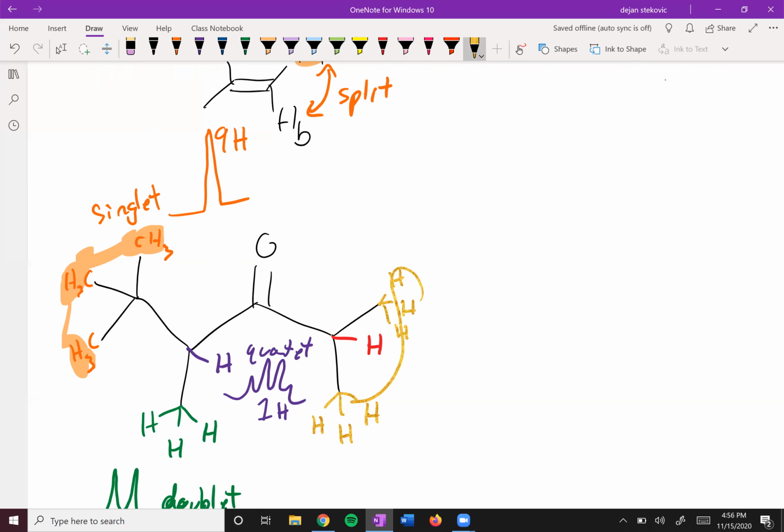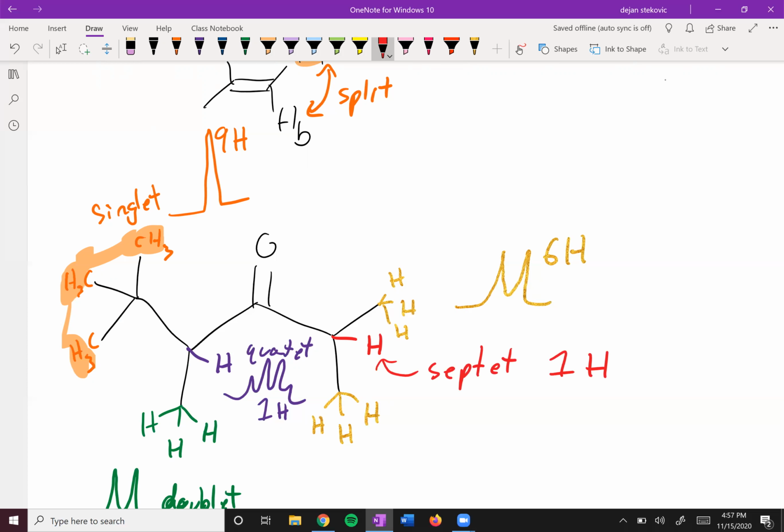And so if we think about these yellow hydrogens, they have 1 neighbor, and so they'll show up as a doublet that integrates to 6 hydrogens. And then we have this hydrogen over here. It has 6 neighbors, and so it'll split up into 7 peaks, or a septet. I'm not going to draw that, but just say septet, that integrates to one hydrogen, right?